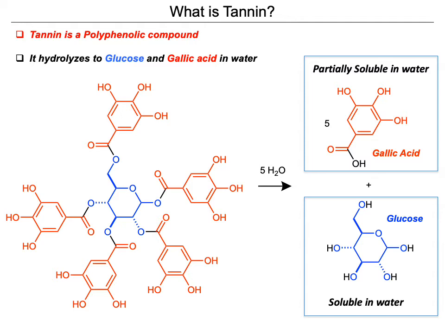After hydrolysis, it changes to gallic acid and glucose. In the following, we are going to have the reaction between gallic acid and sodium carbonate. So this is the tannin structure, which is one of the components of tea in hot water.